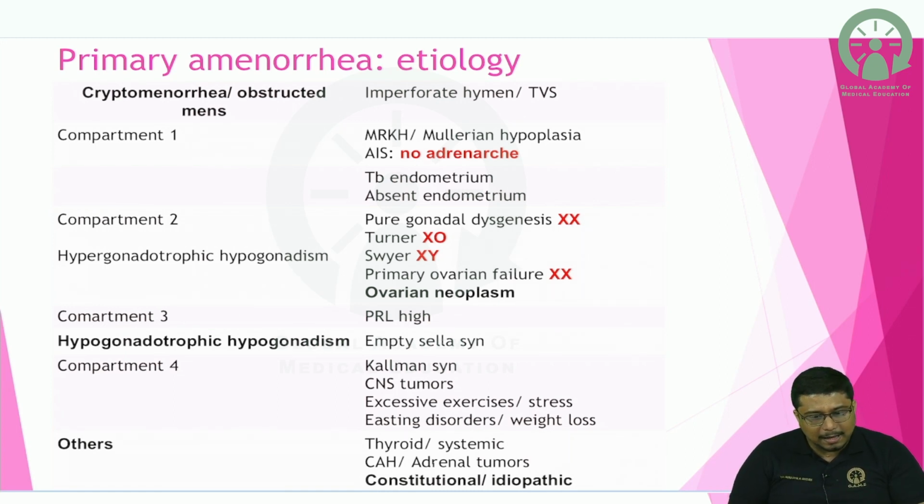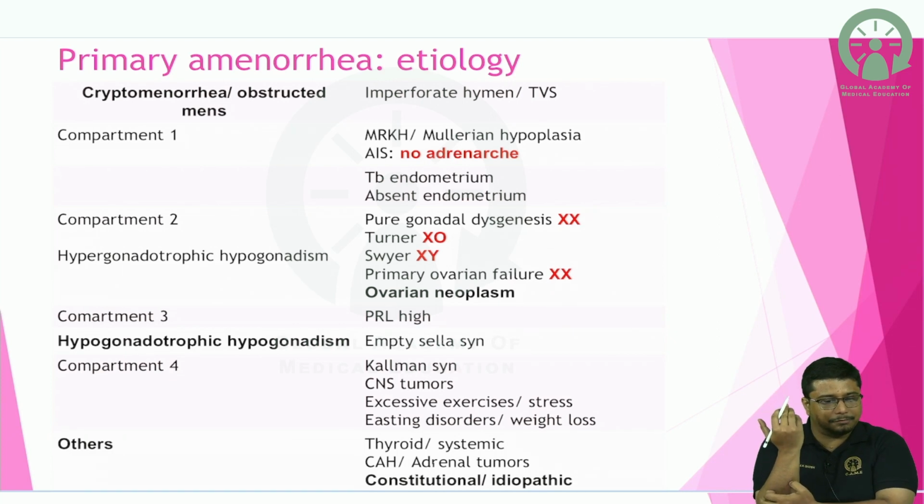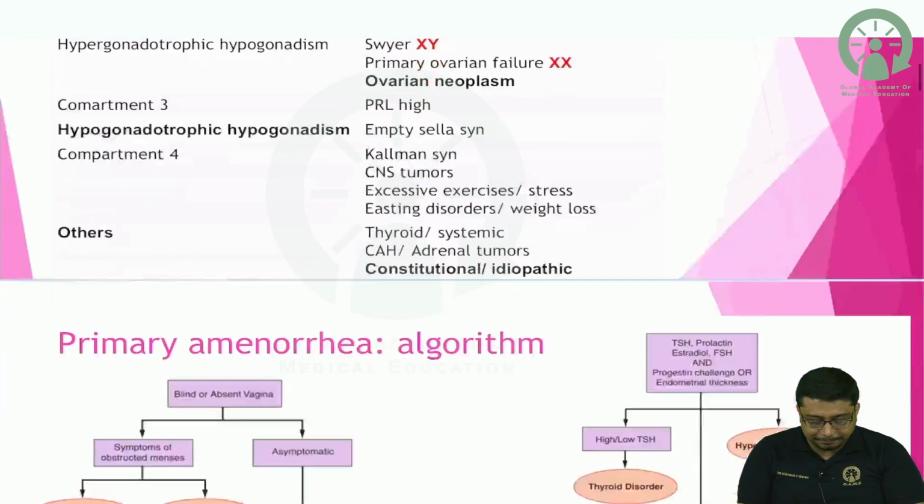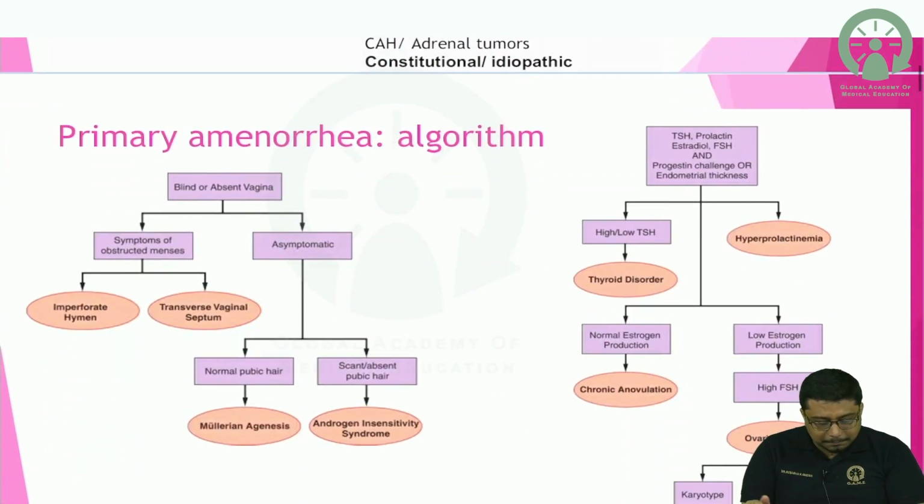But if menstruation is truly not happening, then it is a compartment 1 defect, like the uterus being absent, or a compartment 2 defect, like the ovaries not acting, or a compartment 3 defect, like something at the pituitary level, or a compartment 4 defect, like something at the CNS or hypothalamic level. So think along those lines, and always remember this algorithm.